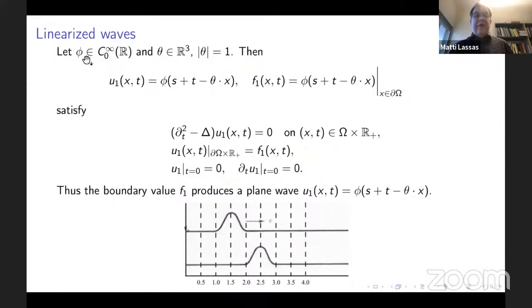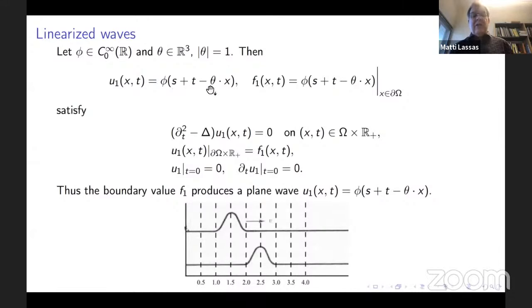How do we do this? We take a test function, or this kind of bump function, a smooth, compactly supported function. We are in 2-dimensional space. We take a vector theta that has length 1. And then we consider a wave, that is this bump function phi evaluated at some constant s plus t minus theta dot x. This is constant on planes. So this s parameter here tells what is the delay, where the wave is at time t equal to 0.